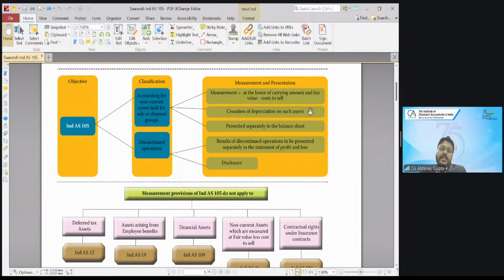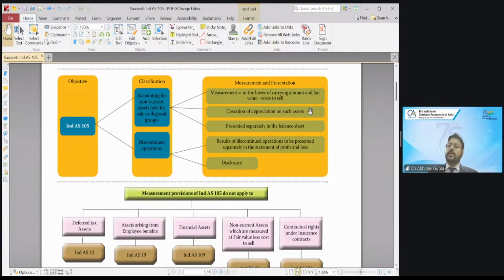Once an asset is classified as non-current assets held for sale and discontinued operations under Ind AS 105, then the standard says depreciation will no more be charged on this group or this disposal group anymore, right? So until the group is disposed of, there wouldn't be any depreciation or any impairment charged on these items, right?